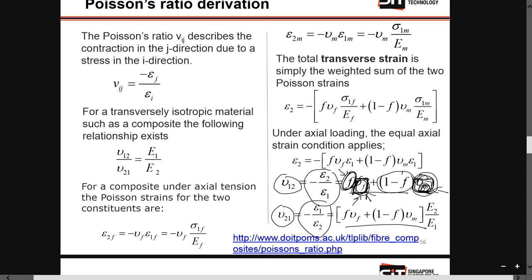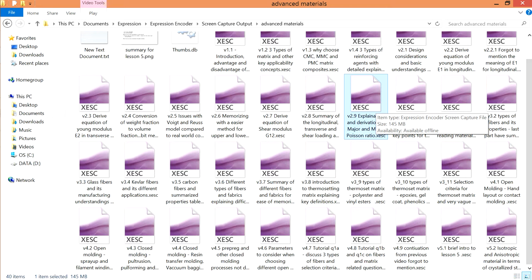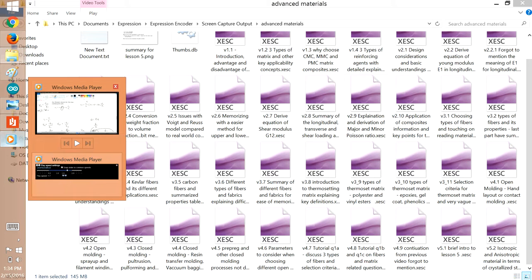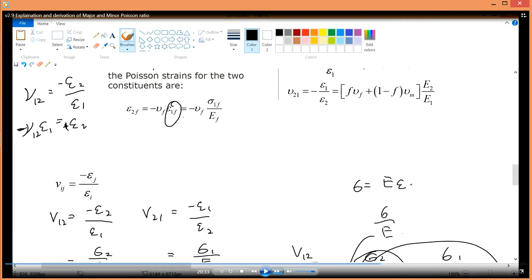And then once you solve for these equations, you get your total Poisson ratio in this 1 2 direction. If you don't understand anything about it, watch V2.9, there are certain derivations over there, or you can watch, I think somewhere at this 20.33 area, the 20th minute also.